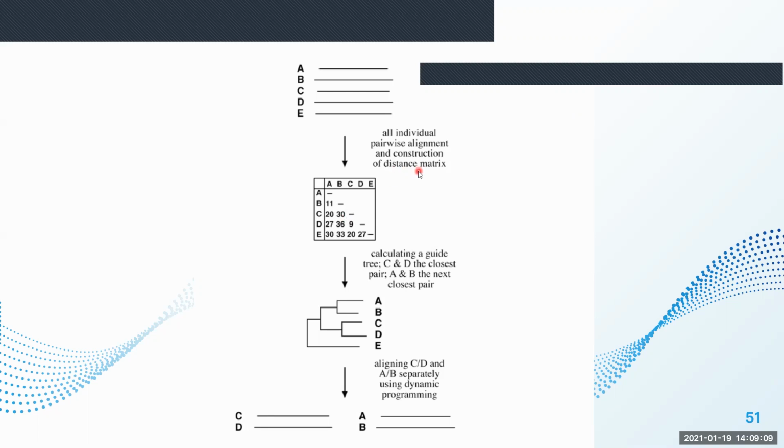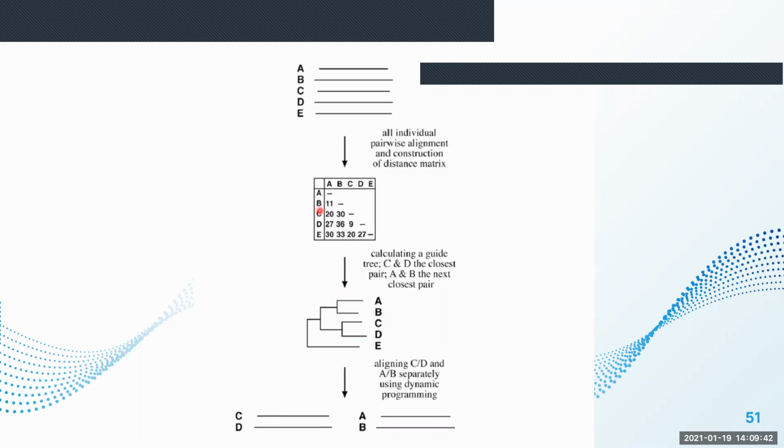If it's a distance matrix, you should get the lowest value. If you have a similarity matrix that shows how similar these sequences are, you should go for the highest value. A distance matrix tells you these sequences are very far from each other, so at that point you should go for the lowest value.